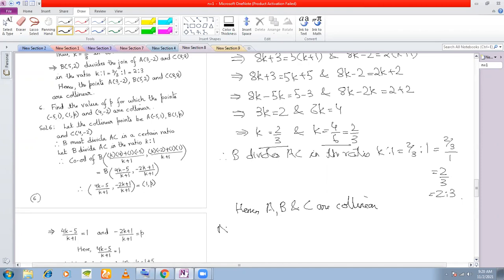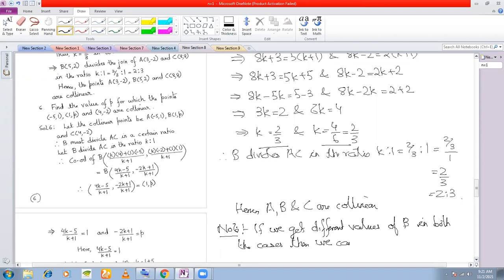Now, if we had got different values of k in both the cases, then we cannot conclude that A, B and C are collinear.